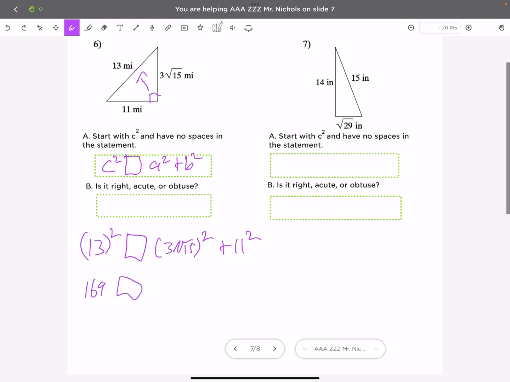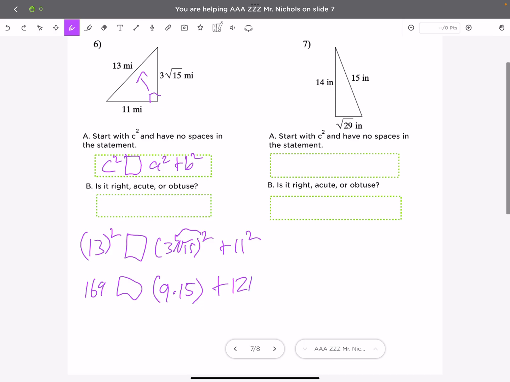When we do this, remember, you apply the square to the 3, so that becomes 9 times 15, because the square cancels the square root on the 15, but you have to square the 3 in front of it. So that's where you get 9 times 15 plus 121.